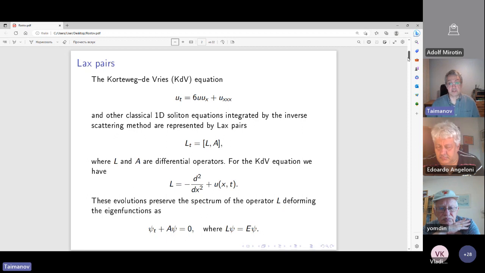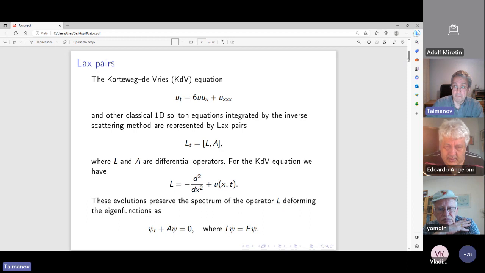L is just a matrix operator, an ordinary operator without differentiation, not a differential operator. So this observation was crucial because the spectrum is preserved, the traces are preserved. It gives you a lot of first integrals.